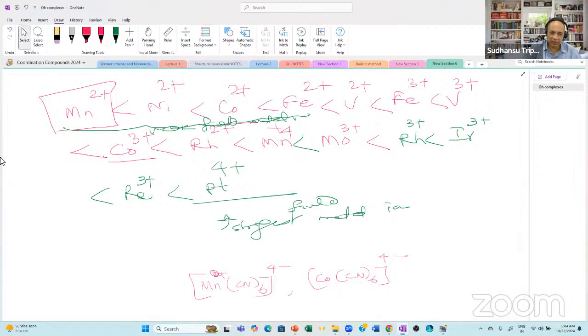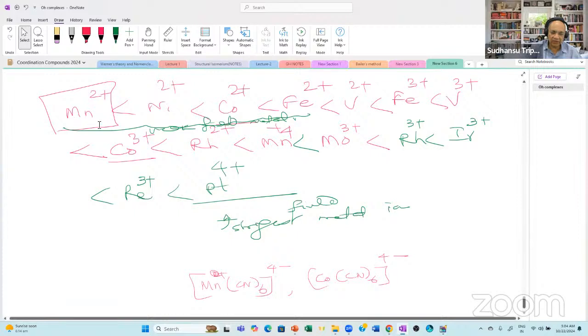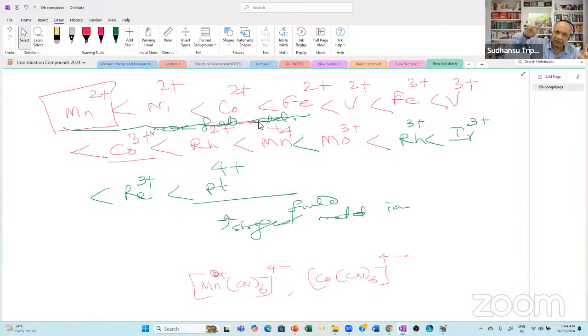We had seen here manganese 2 plus is here, cobalt 2 plus is slightly ahead of it. So even if the ligands are the same and oxidation states are the same, despite that, each metal ion has its own capacity of splitting the d orbitals, depending on the energy levels, their polarizing power, size and different aspects.